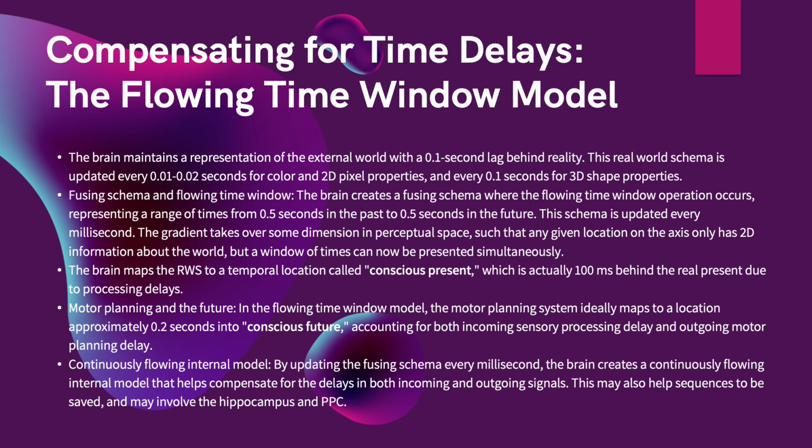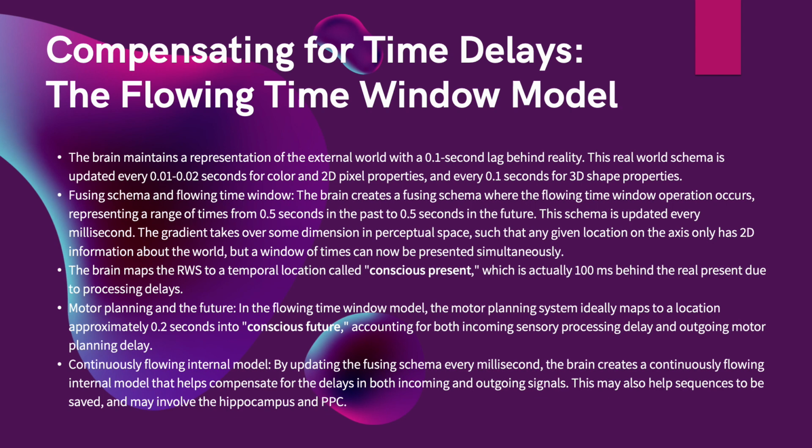So I think what the brain might do is map the motor output to a region in the flowing time window that is at 0.2 or 0.25 seconds in the conscious future. In other words, the conscious present lags actual present by 100 milliseconds or 150 milliseconds.